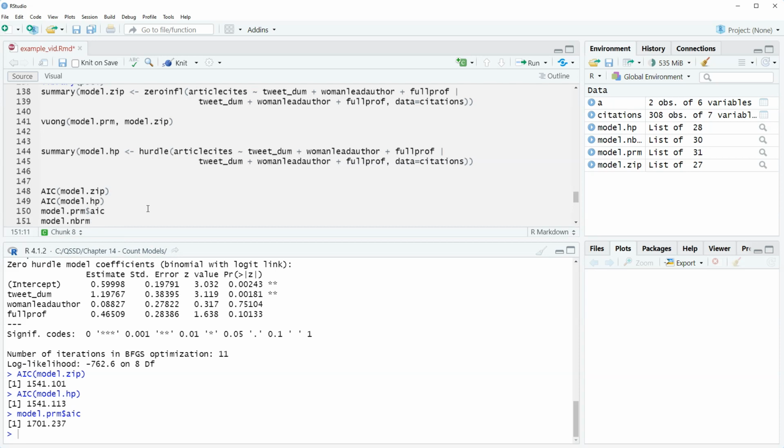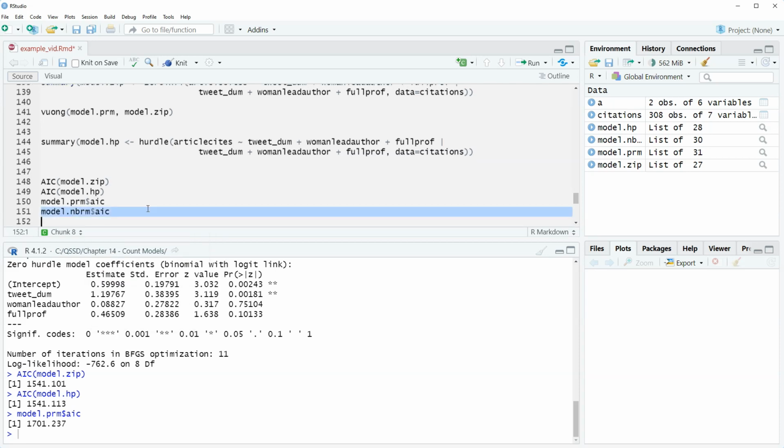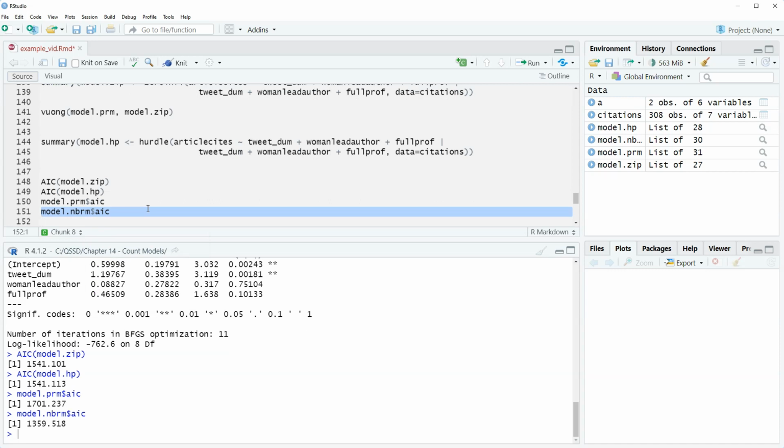So we have model.nbrm and then AIC. Okay, so that's 1359. I'm sure we could do a nicer job of putting these together, but we see the negative binomial is 1359. So comparing these four models and just using AIC, we can conclude that the negative binomial is preferred.